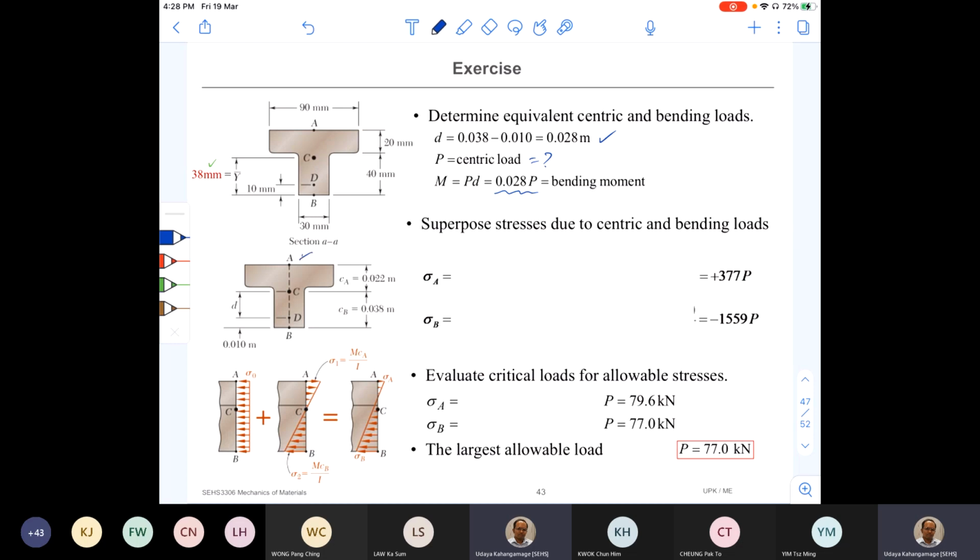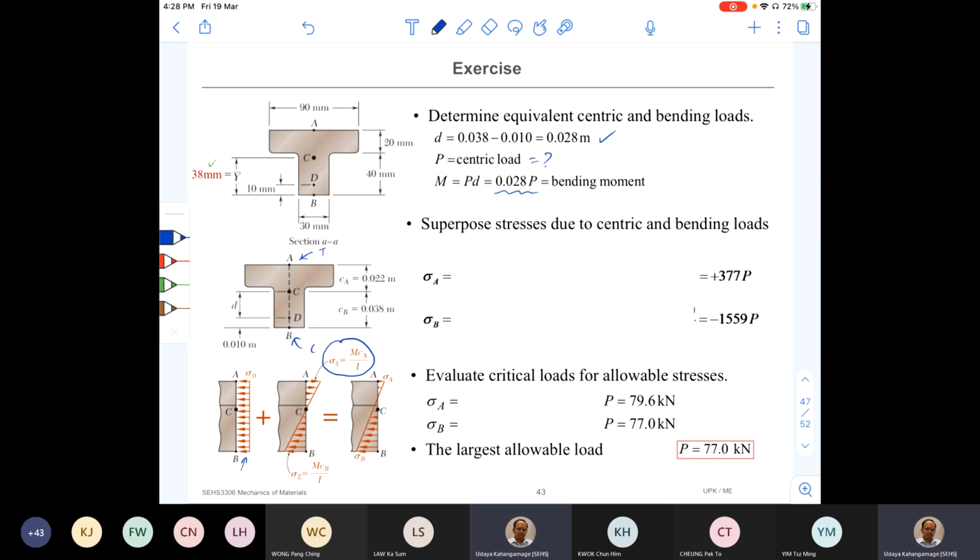We learned that it is under tension, and this is compression. So sigma A consists of two components. That is the stress due to the axial load and the stress due to the bending moment.